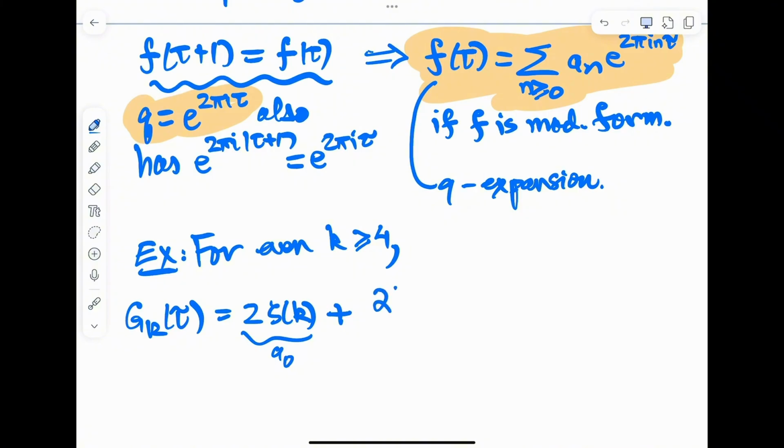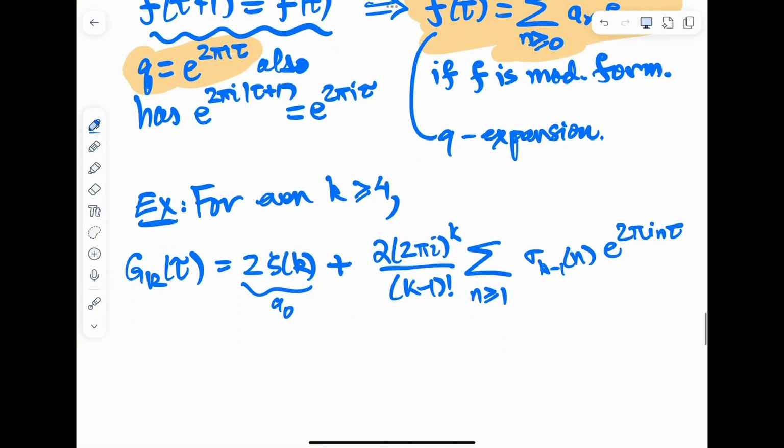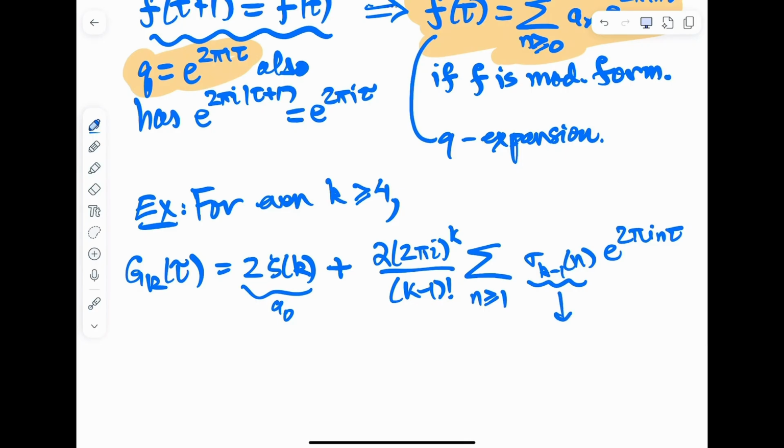Then you have a common factor that I'm going to take out of the higher order terms. And then the coefficient is going to be a divisor sum. Here this coefficient sigma k minus 1 of n means summing over the divisors of n the (k minus 1)th powers. Of course, I always mean the positive divisors. So it's a divisor sum: you're summing over the divisors with a fixed power.